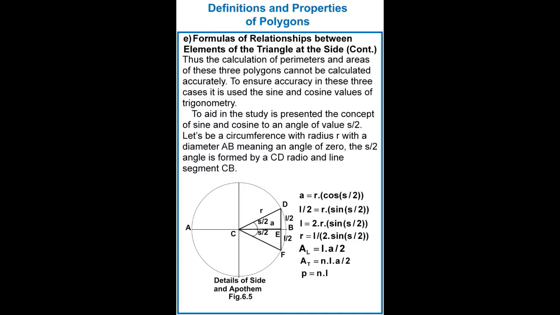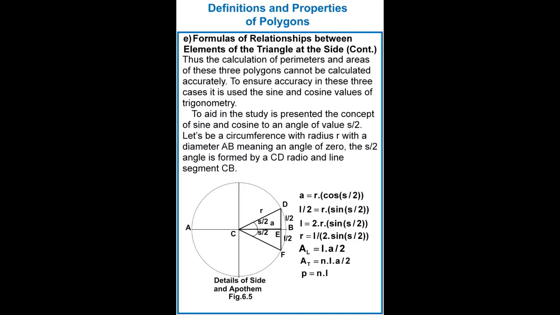To assist in the study, in figure 6.5, the concept of sine and cosine is presented for an angle with the value S divided by 2, that is, an angle with value half of the value of the central angle S, corresponding to the side of the polygon.